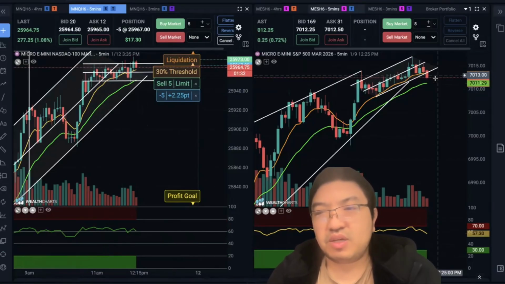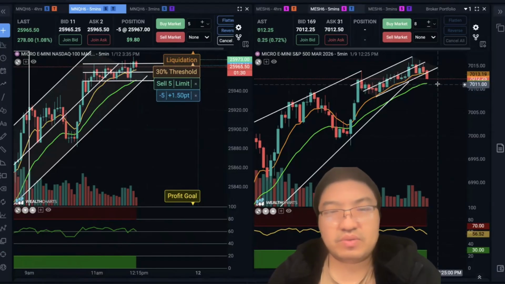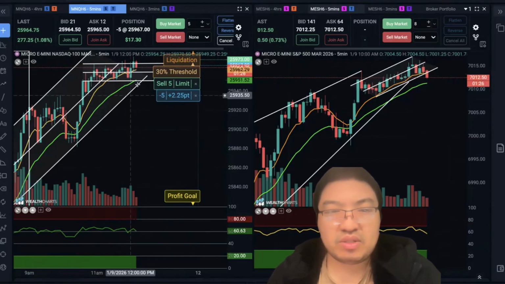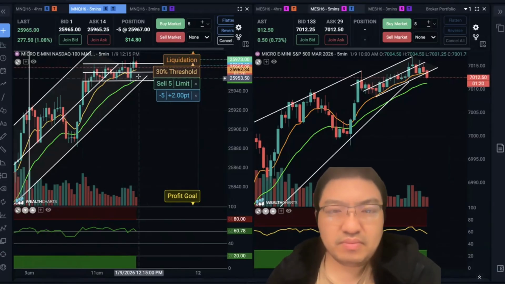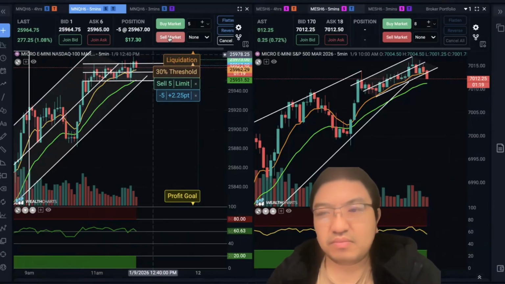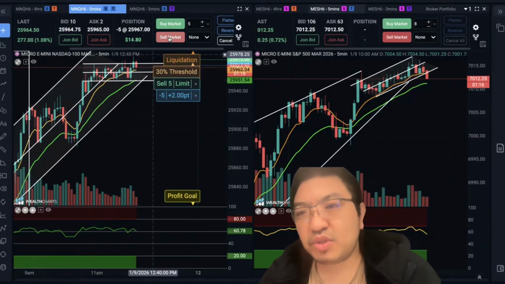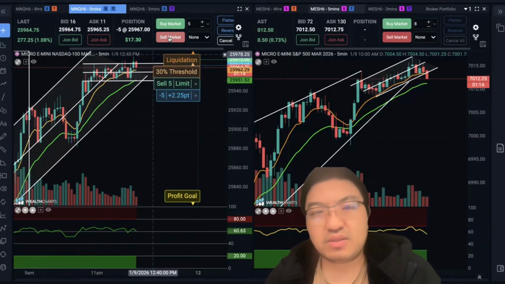If it can break EMA 21, then I'll probably add some position and see the reaction here. 2 more minutes. I'll see.